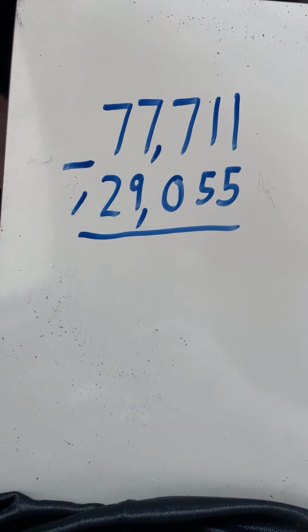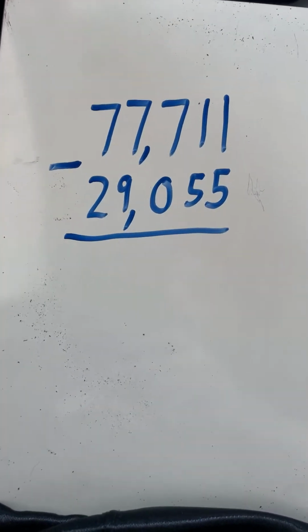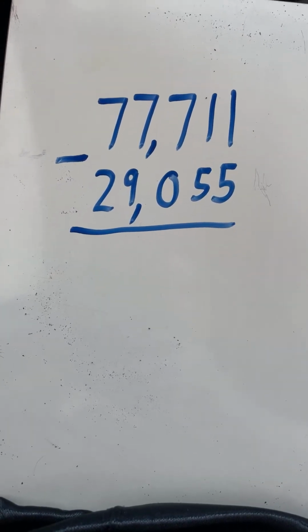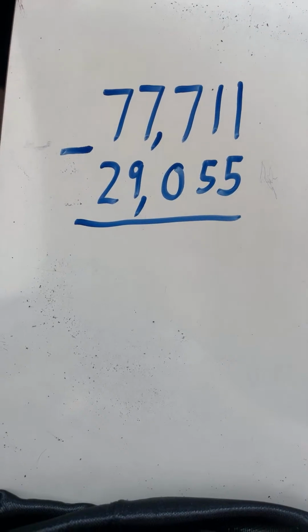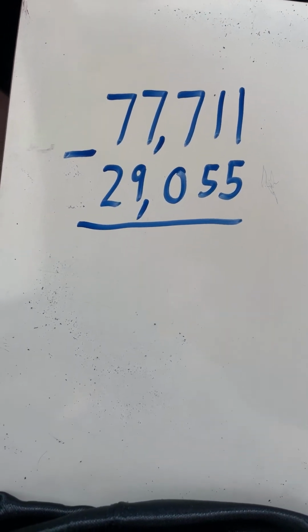All right, final example problem. 77,711 minus 29,055. So again, we're going to do all our regrouping before we do any subtraction.